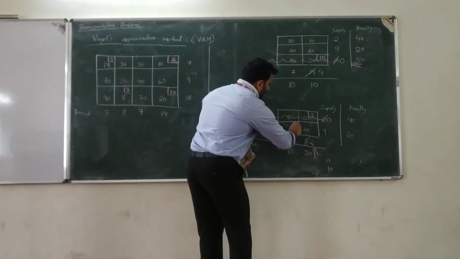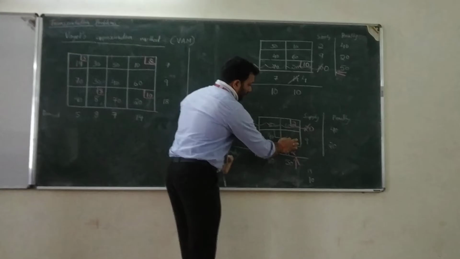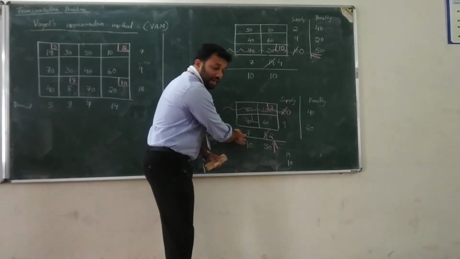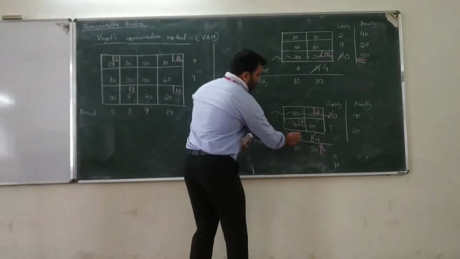So I will allocate to this particular position. I can fulfill the entire demand of 7 because there are 9 units of supply. 7 I have used, so this becomes 0.